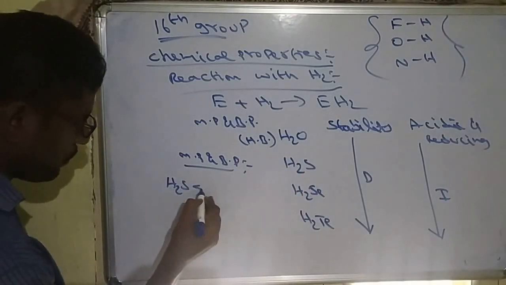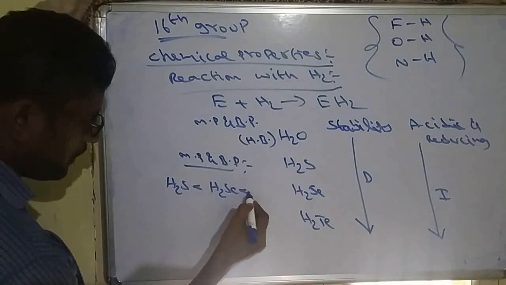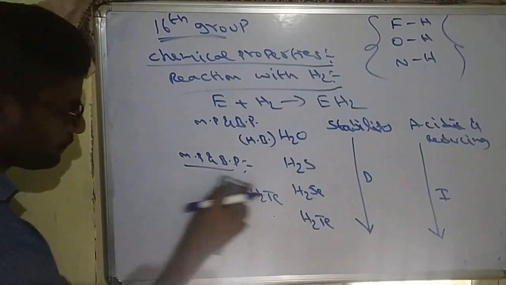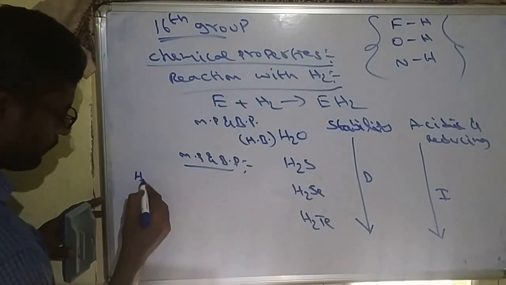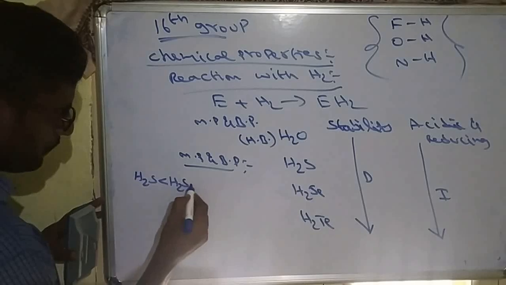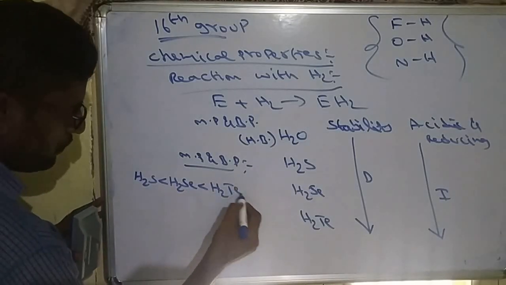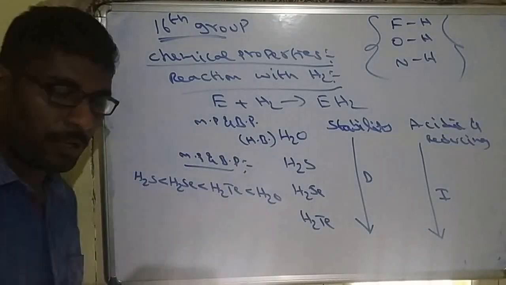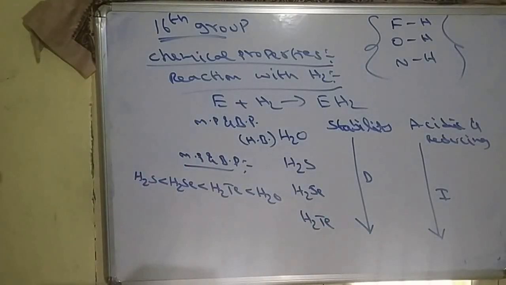Least will be H2S, H2Se, H2Te, and highest will be water. Water is highest in both melting point and boiling point due to hydrogen bonding.